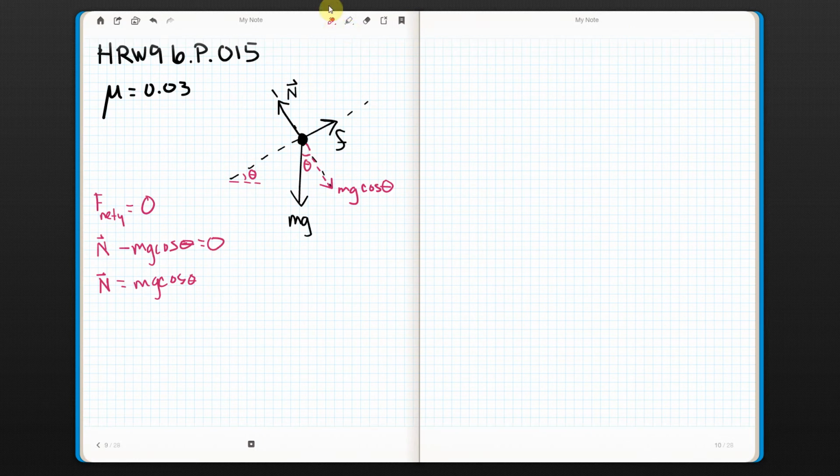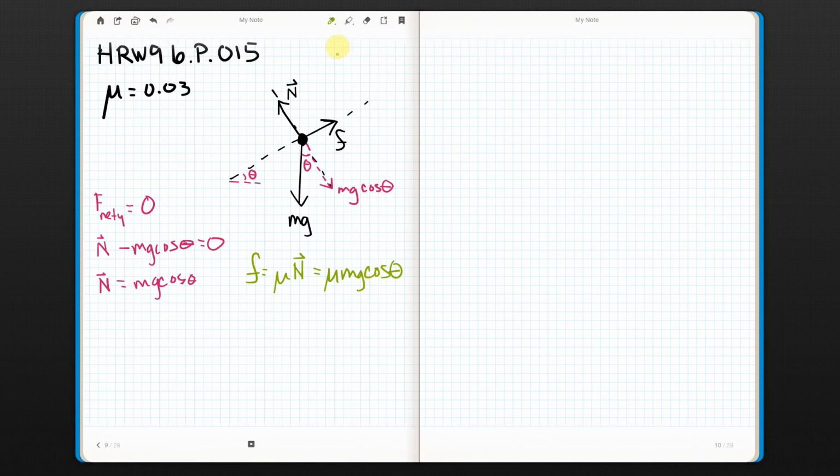That means that since friction is mu times the normal force, the friction force is mu times mg cosine theta. Keep that in mind.